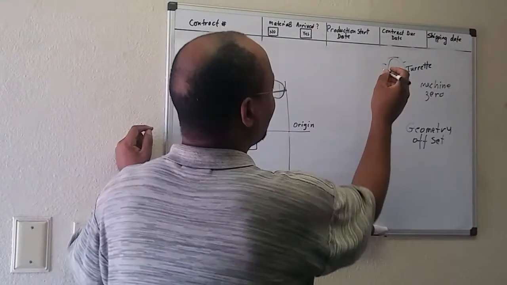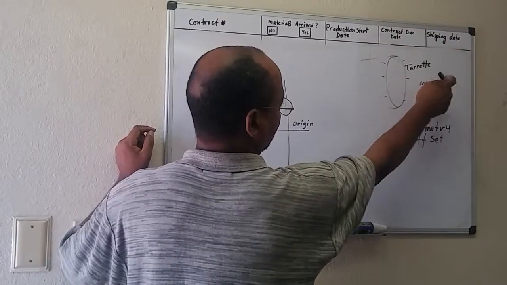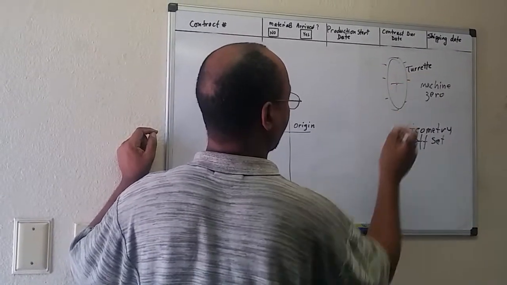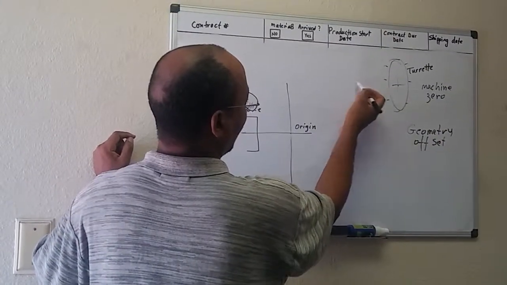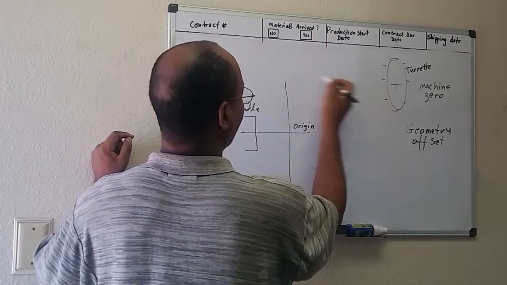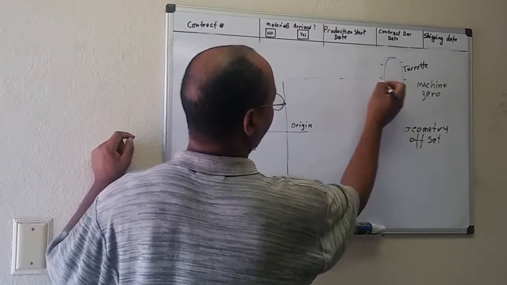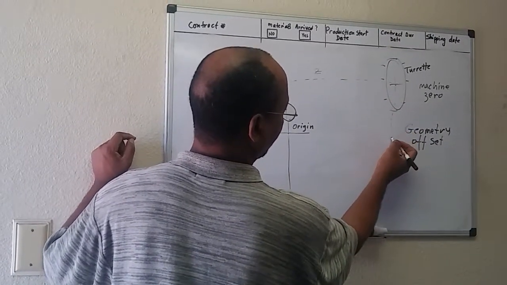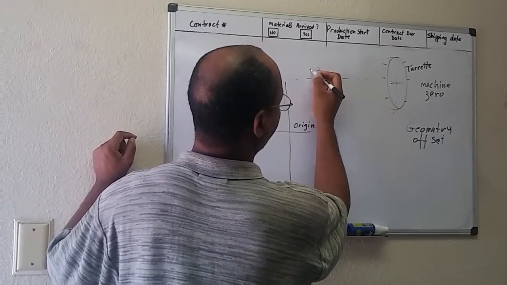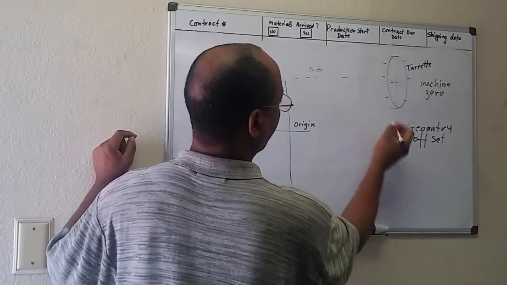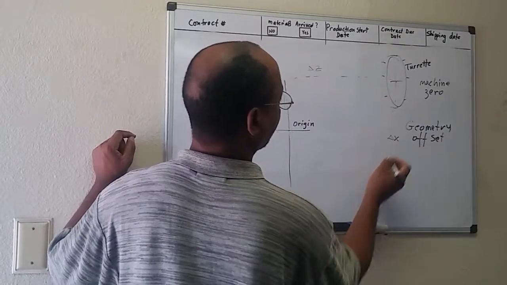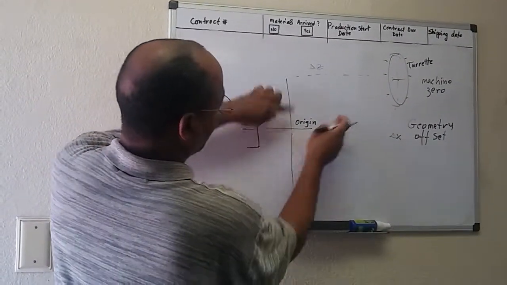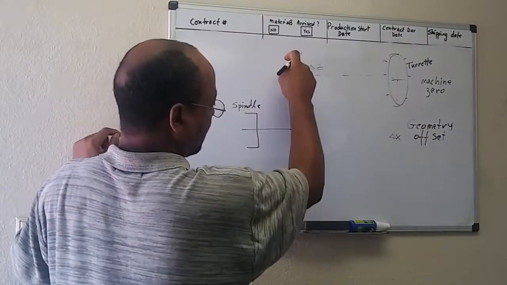Now, if the machine zero is over here, there is a Z value from this spot all the way, Z value, and then from this spot all the way, X value. So delta X, delta Z, and delta X. Those values come over here, and then it comes over here, and this is the same.